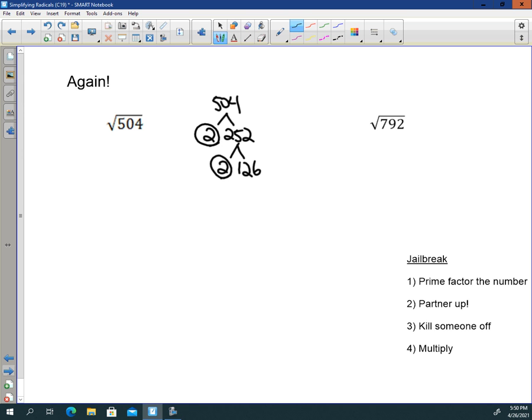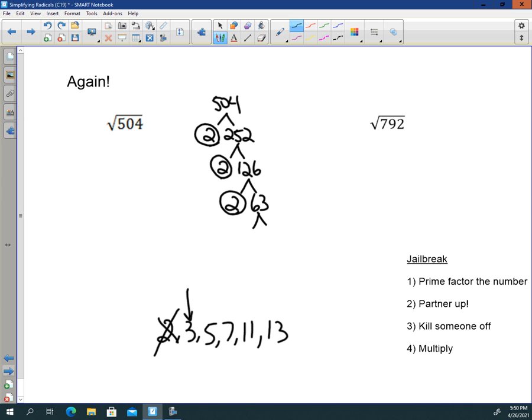But here's a 2, and then 126, is it divisible by 2? Yeah, I got a whole number, 63, so 2 times 63. Now, let's see what happens when I try to divide 63 by 2. Well, see, I got a decimal. So, since we have 2, 3, 5, 7, 11, and 13, we've taken care of all the 2s.